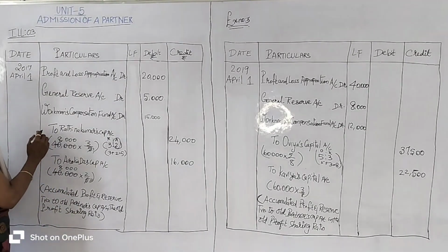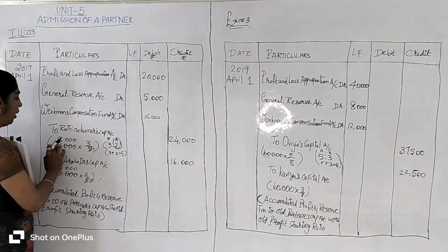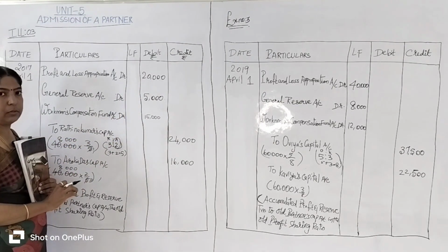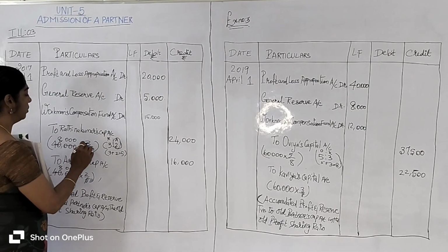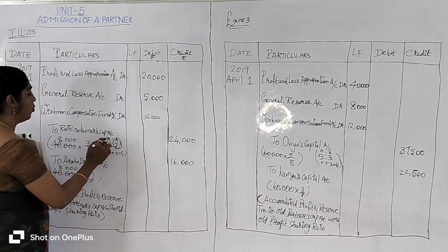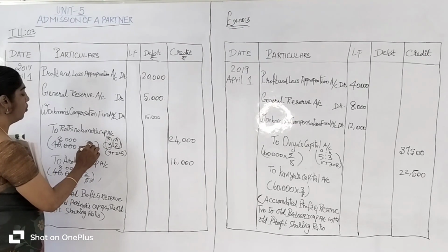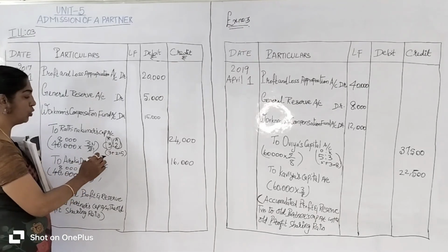First we are going to transfer to Ratna Kumar's capital account. So we have to enter the sum of the accumulated profit, that is 40,000 rupees, into Ratna Kumar's profit sharing, which is 3. So you enter 3 in the numerator. We have to sum up that ratio, that means 3 plus 2, 5.